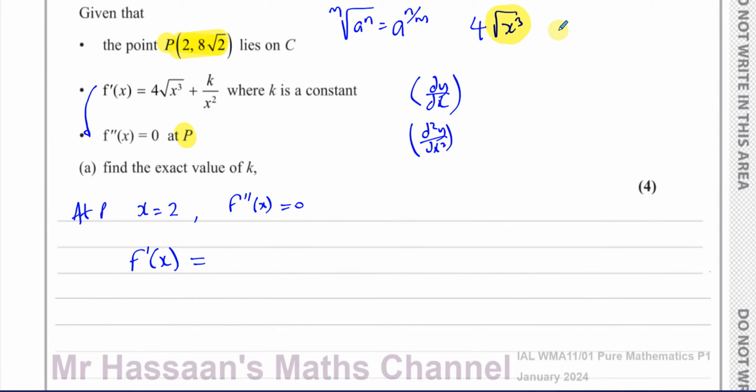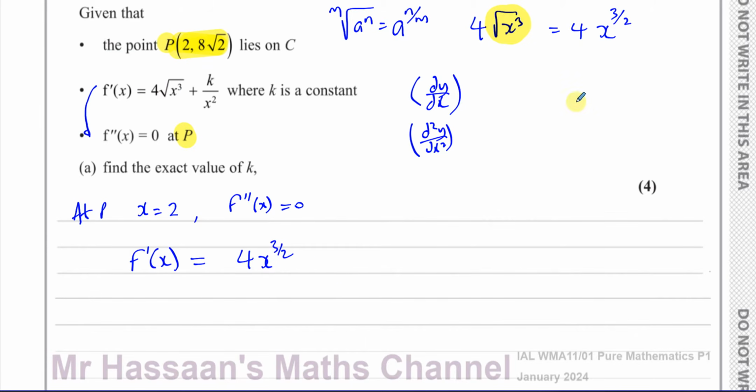In this case, you have 4 times x to the power of, now 3 is the power, so that's the numerator, and there's a 2 there, not written, which is the denominator, so 3 over 2. 4 times x to the power of 3 over 2.